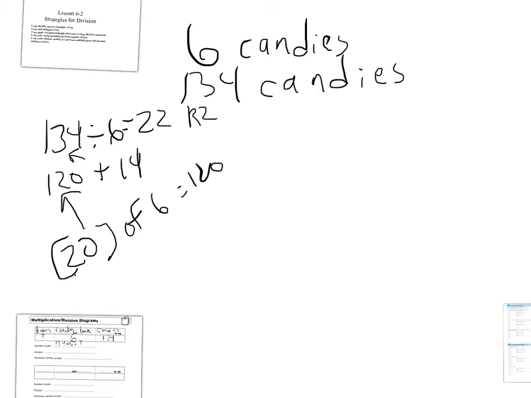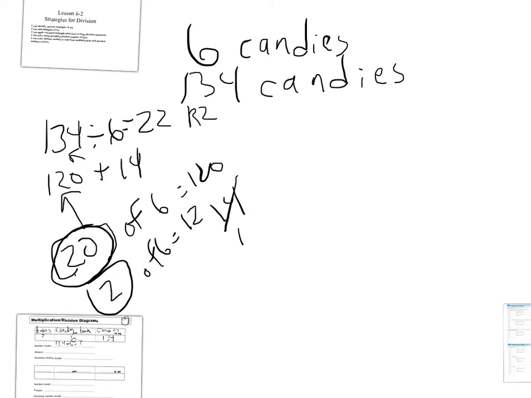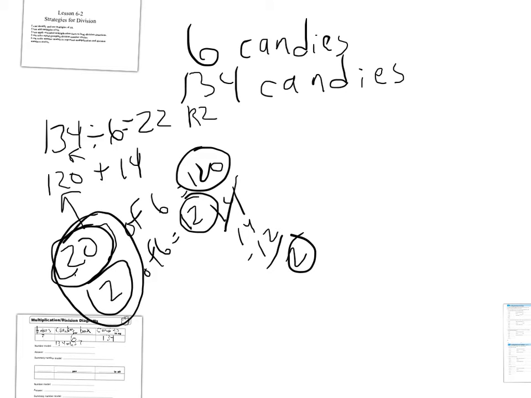So 20 boxes would cover 120 of the 134. That leaves you with 14 left over, and we know that 2 groups of 6 would equal 12. So 14 minus 12 leaves you with 2 left over. You would add 20 to the 2 to give you 22 with a remainder of 2.